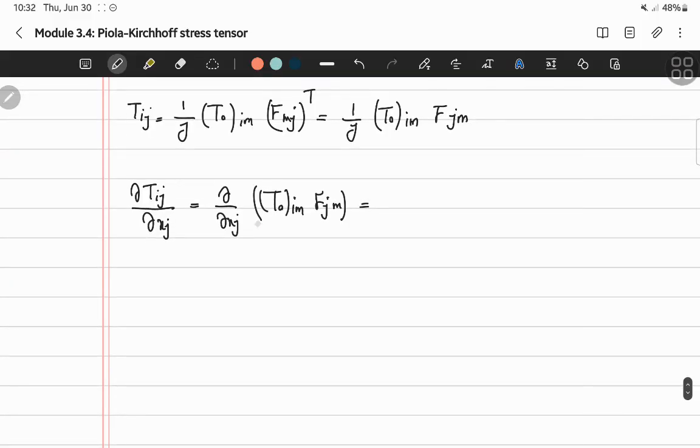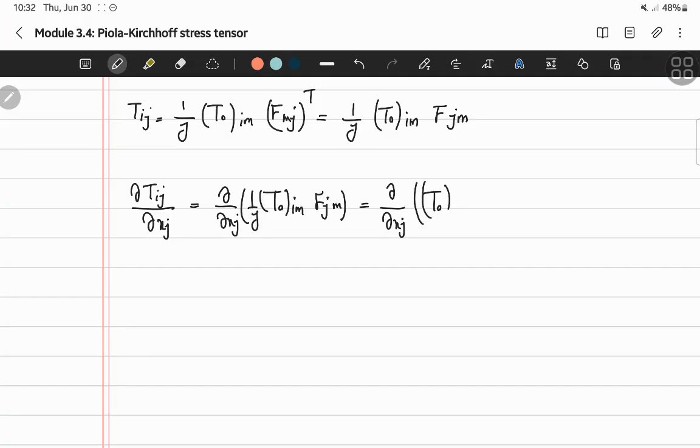Sorry, I missed this, just the Jacobian here. So I have 1 divided by j in here. I have the derivative of the first term, so I'm going to keep j in here. So it's better to write it like this.